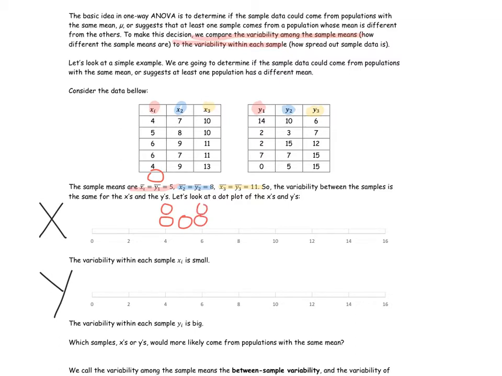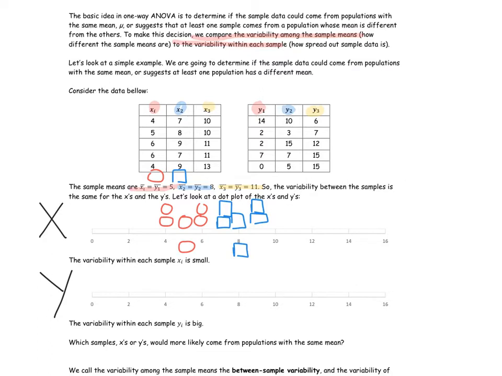Okay, and then the mean is 5, so we'll put the mean down below at 5. Okay, let's do X2 with blue squares. So we have a 7, 8, whoops, a 9, another 7, and a 9. And that mean is 8, right in the middle.